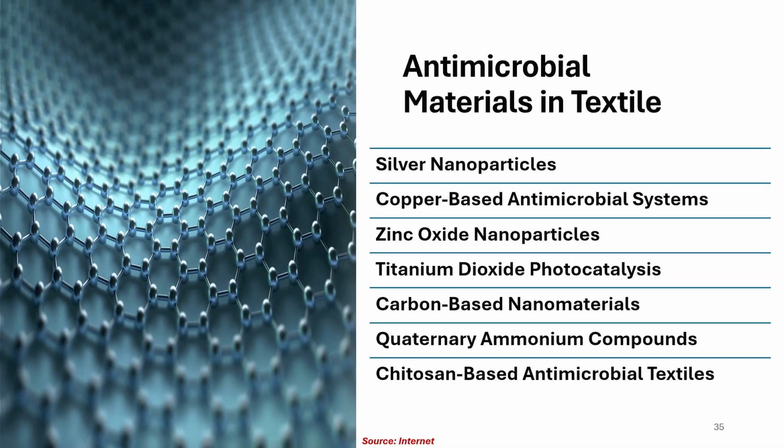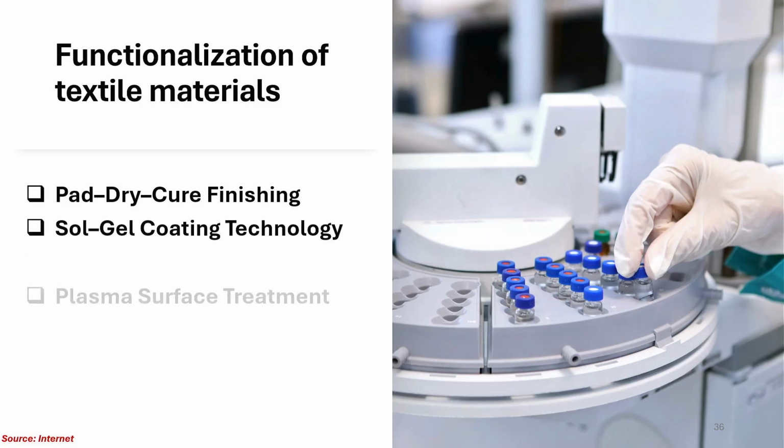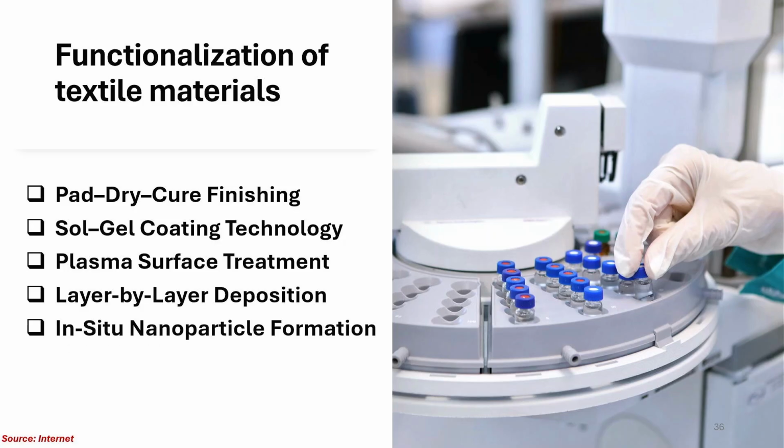Antimicrobial materials in textiles which are used include silver nanoparticles and copper based antimicrobial systems. There are different types of antimicrobial agents we can treat on the textile material. Chitosan based antimicrobial textiles are very commonly used, by the pad dry cure method, sol gel coating technology, plasma surface treatment, layer by layer deposition, in situ nanoparticle formation.